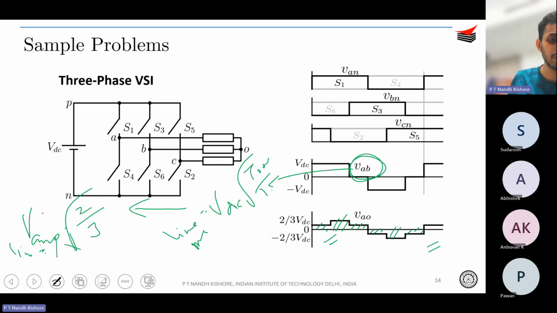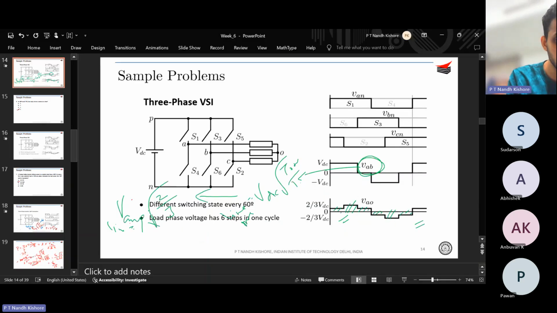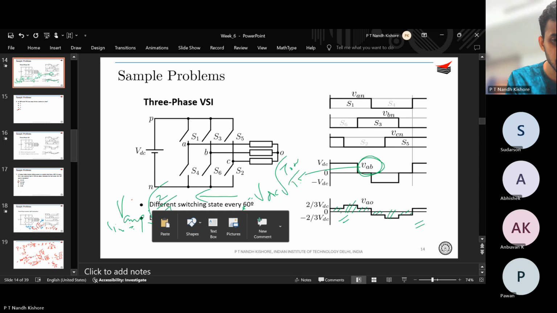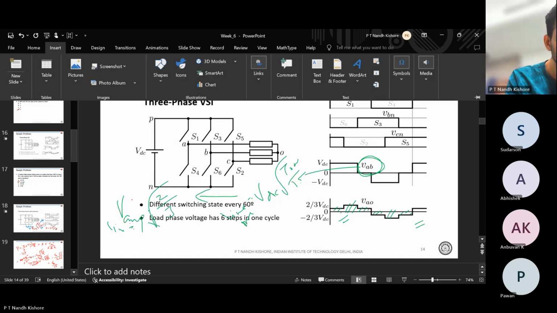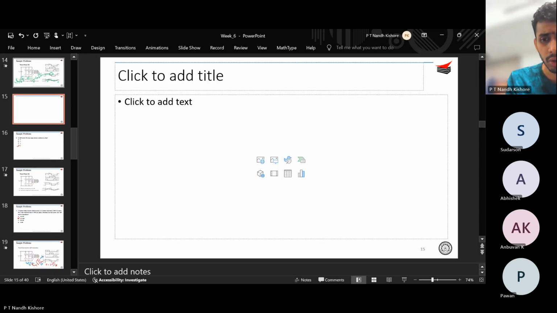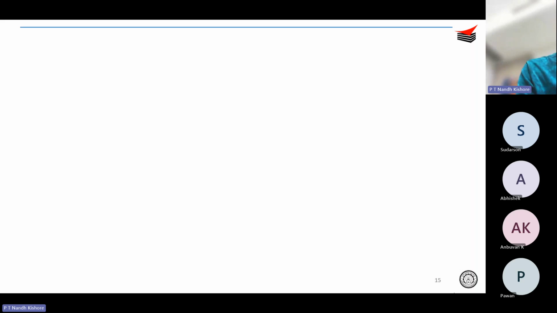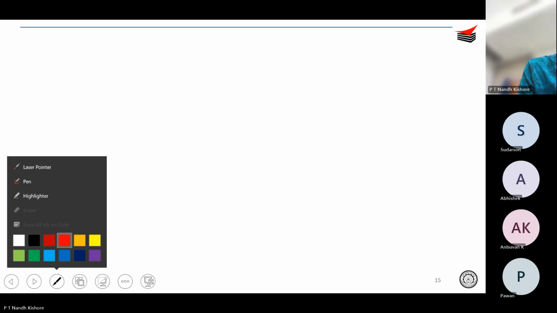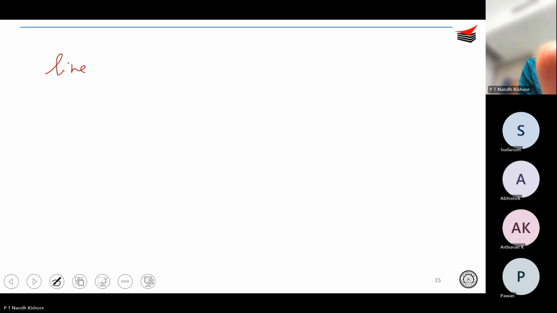Let me take a new slide over here. So I know that the line is going to be simply V amplitude into root over 2 by 3.